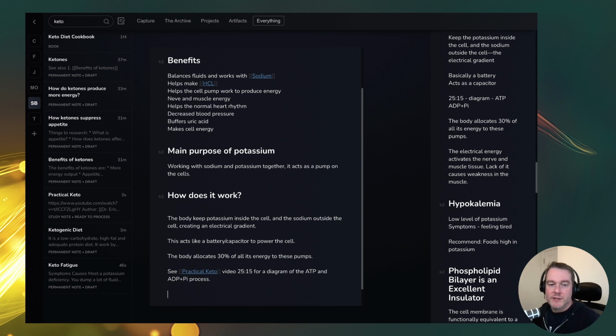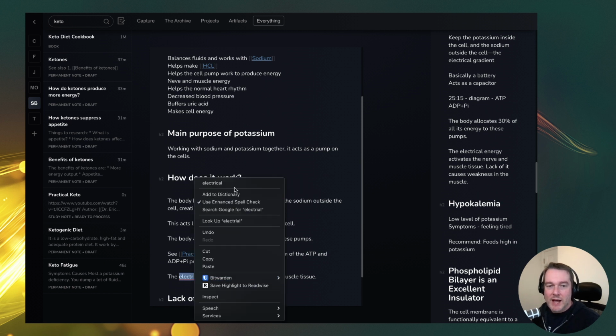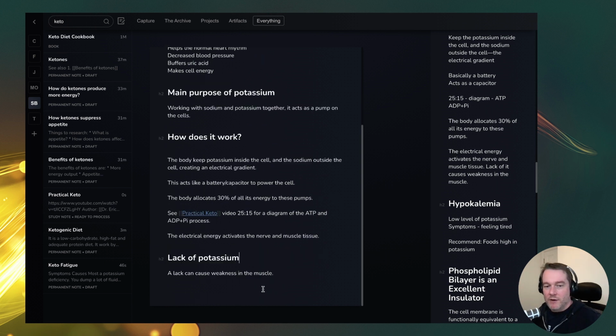A lack of potassium: the electrical energy activates the nerve and muscle tissue, and a lack of it can cause weakness in the muscle. If you need that electrical energy to move your muscles rather than just power the cells, you can imagine that with a deficiency, you don't have the energy to move your muscles.